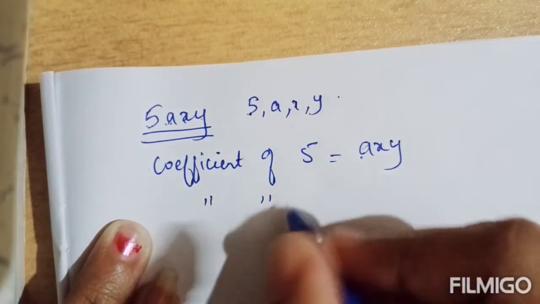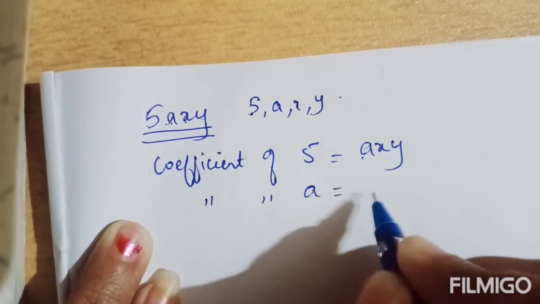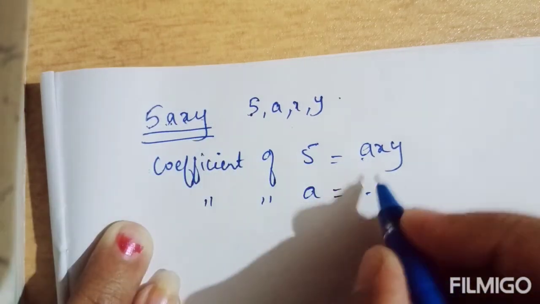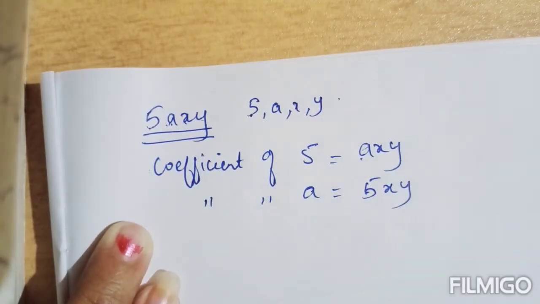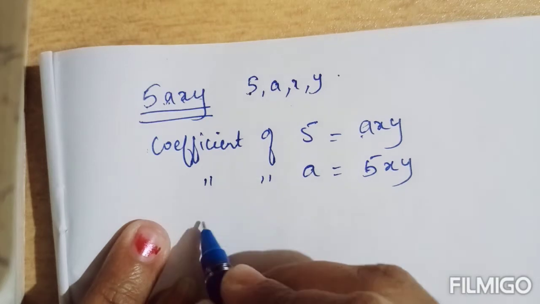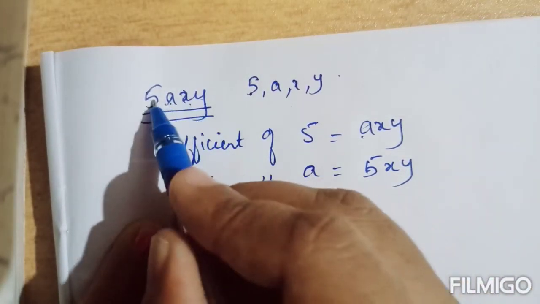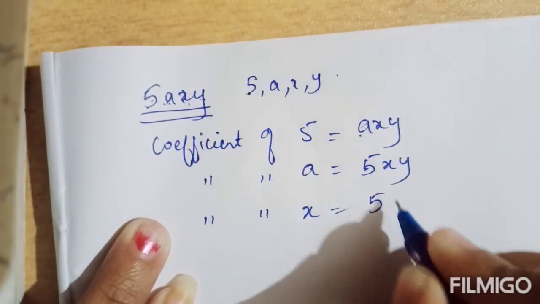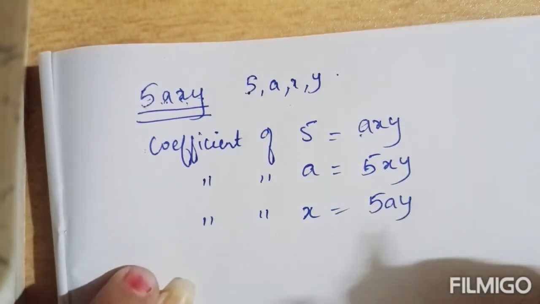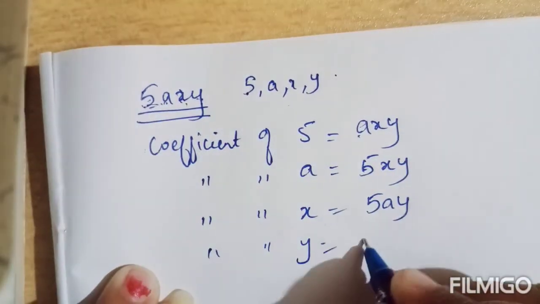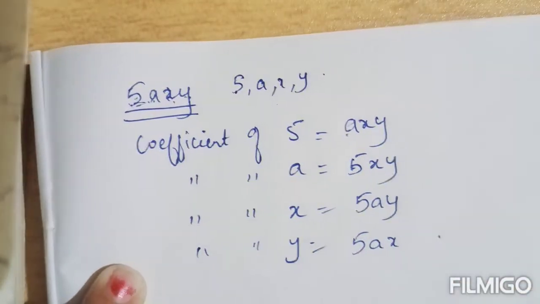Similarly, coefficient of a will be the remaining factors except a, it is 5xy. Now coefficient of x will be, except x, what are the factors? 5ay. Coefficient of y will be, you can see here, 5ax.